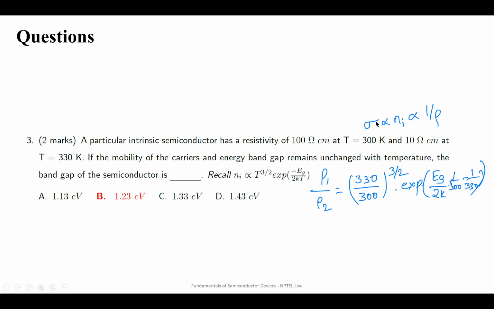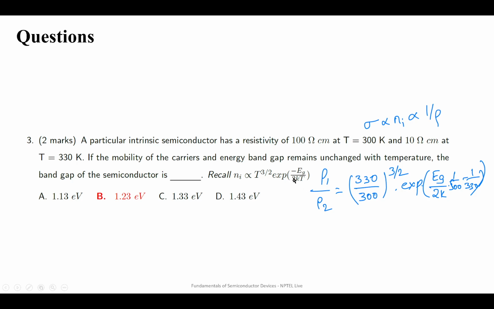The conductivity is proportional to your carrier concentration, that is inversely proportional to your resistivity. So instead of ni you can write 1 by resistivity. This value is your constant, only your temperature is changing.